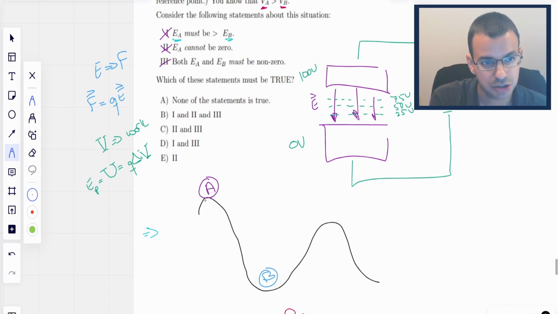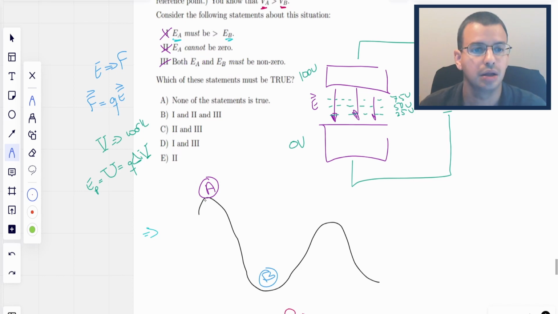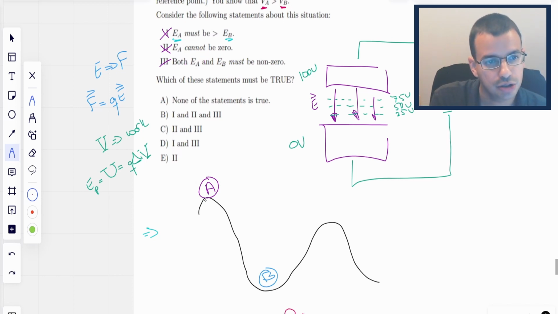And since we said E_A can be zero, that's false, which also automatically makes the third one false as well. So the answer would be A: none of these statements are true. So that's how I'd approach this one.